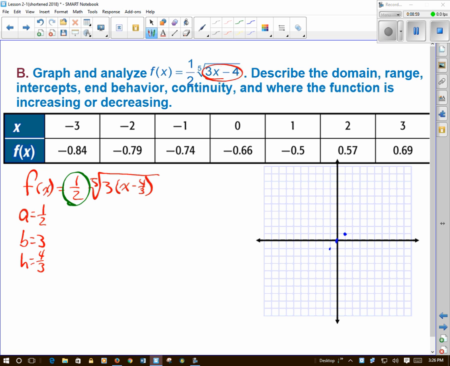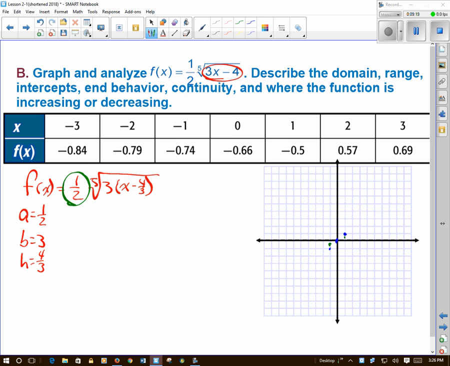So that's going to be 1, 1/2. Now let's extend that out. We know that the parent function also contains the point 32, 2. That's not much help to us, so we're going to just leave it there. And so we'd have this point here at negative 1, negative 1/2.